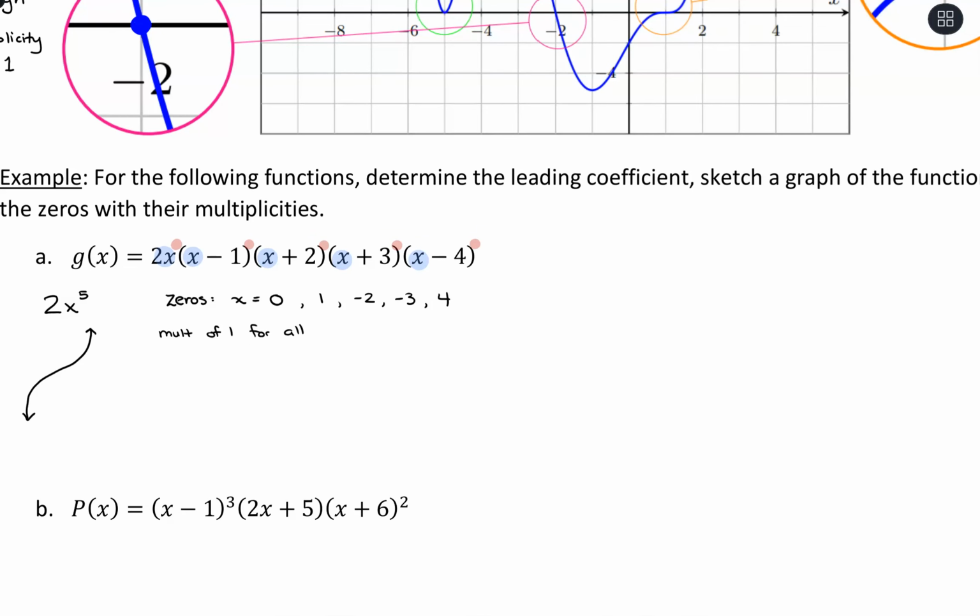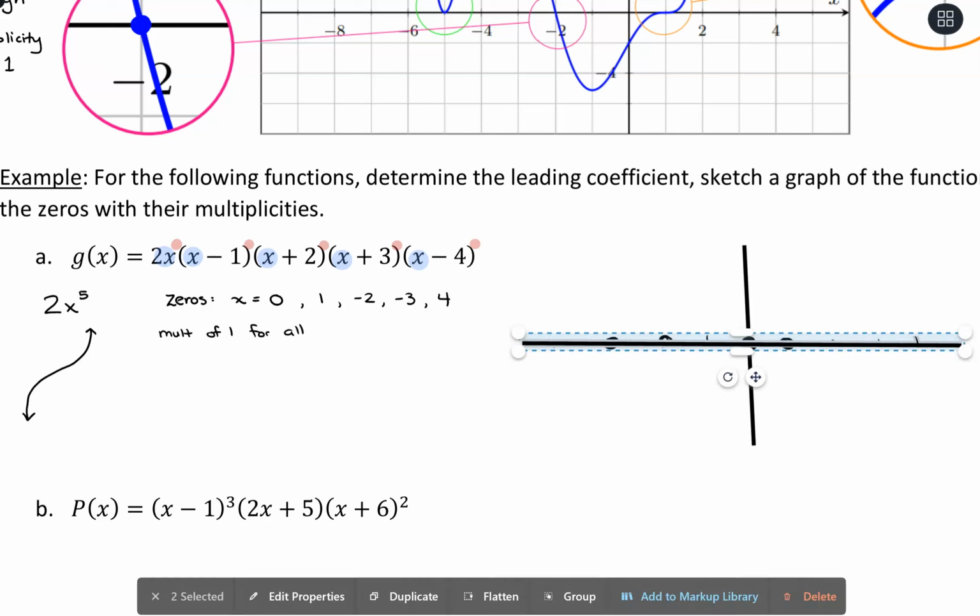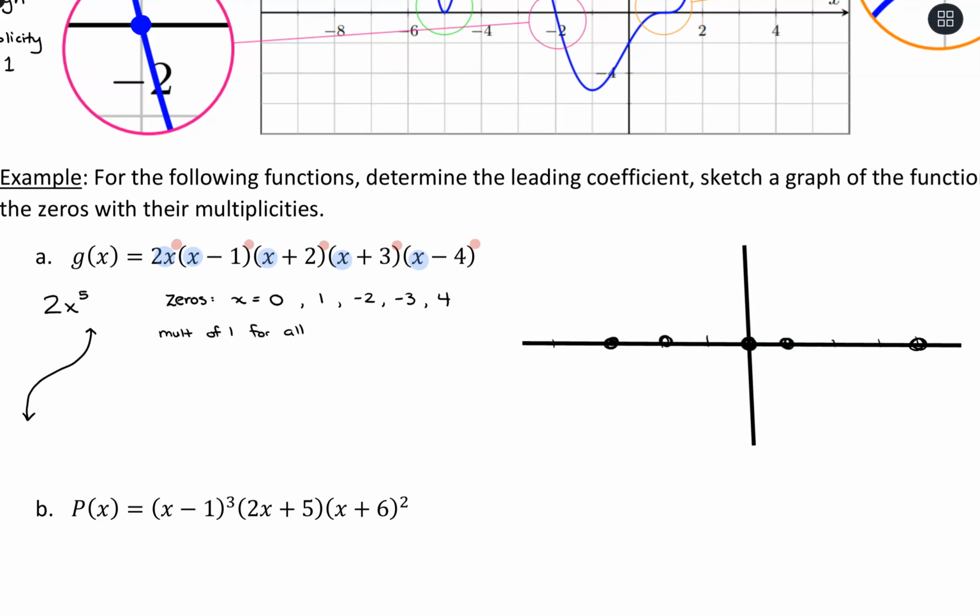So what I could do is just get a very, very general sketch going here. Let's go from negative 3 to positive 4. So 1, 2, 3, 4. 1, 2, 3, 4. We have zeros at 0, 1, negative 2, negative 3, positive 4. So I have those coordinates there.